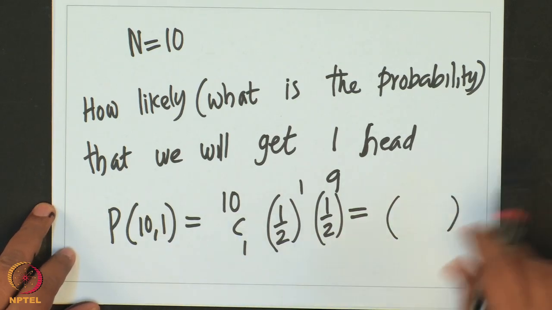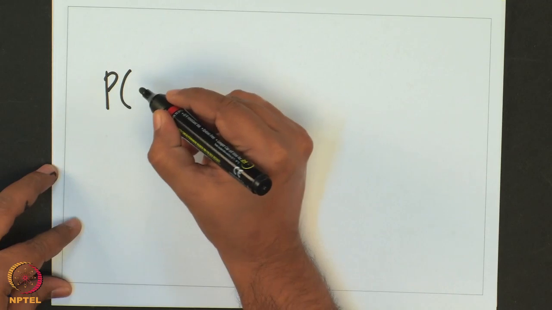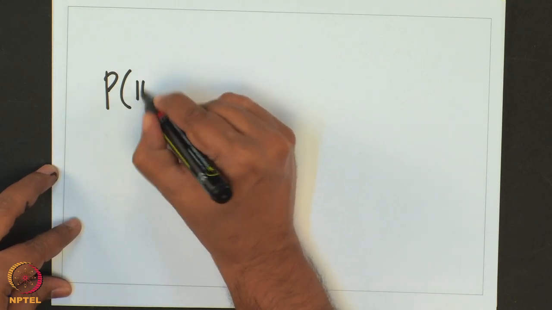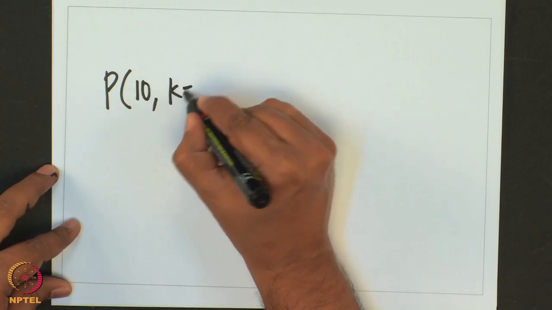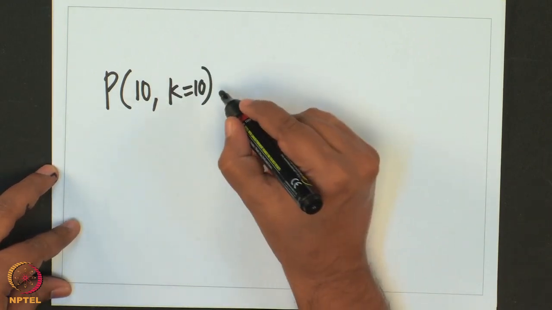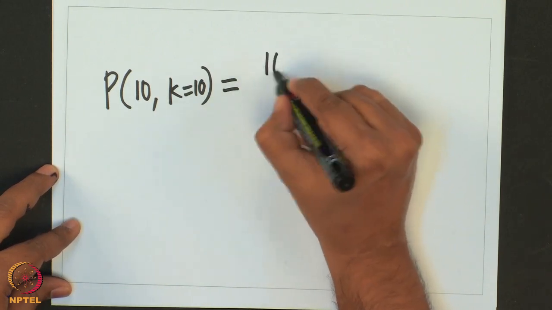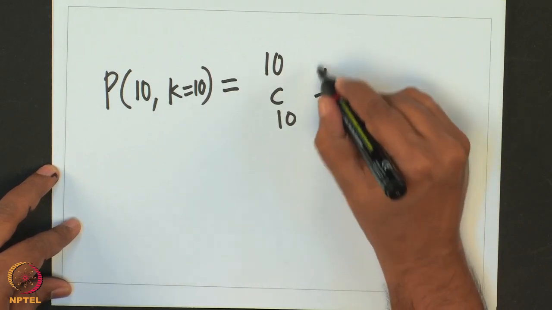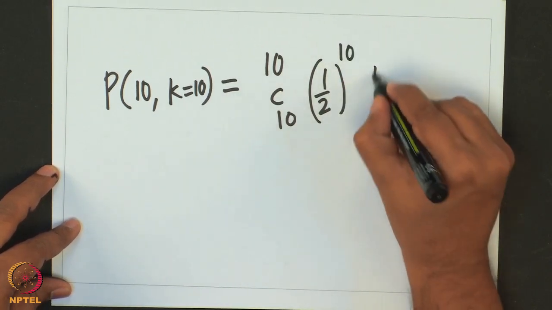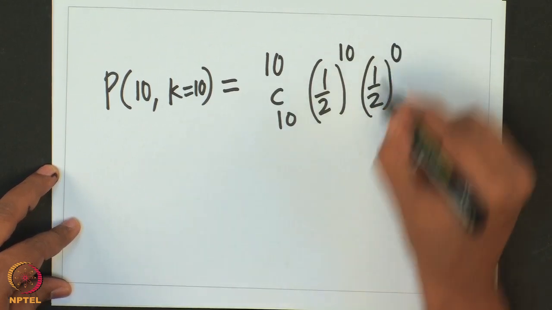The opposite, we could ask how likely that all the 10 babies born on a particular day are girls. Probability that out of 10 births on a particular day, there are exactly 10. This of course can be written as 10C10 times half power 10, then half power 0.